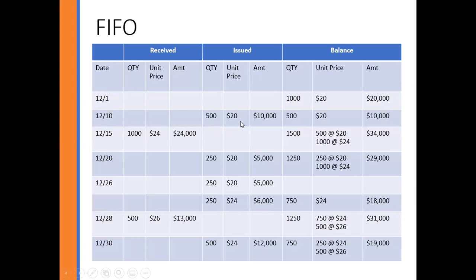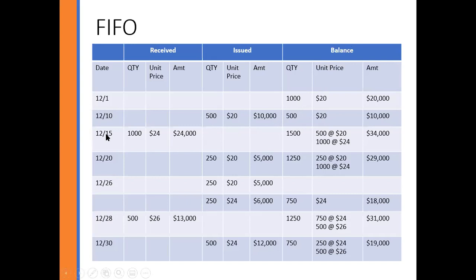Again, these units had a cost of $20, so the amount issued to the factory was 10,000 worth of material. The remaining balance: we had 1,000, we used 500, so now we've got 500 left at $20, which is a balance of 10,000 left in our materials account.